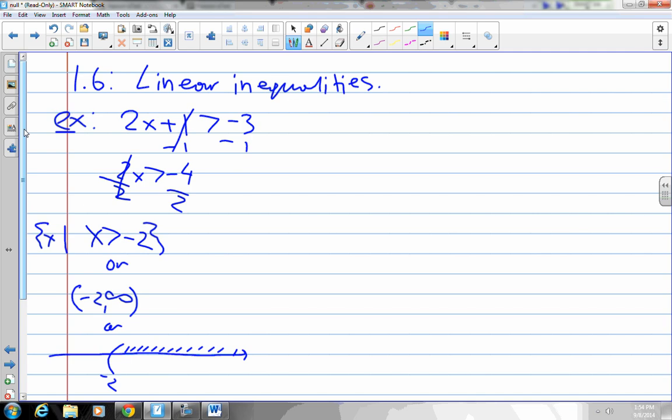Now, the reason for that, I don't know if we want to be writing this part down, but if I write 2 is less than 7. Is that a true statement? I can add any number to both sides, and it won't change the inequality. If I add 10, 12 is still less than 17. So that didn't affect the inequality.